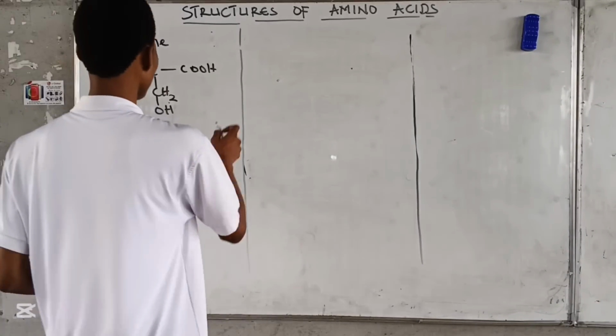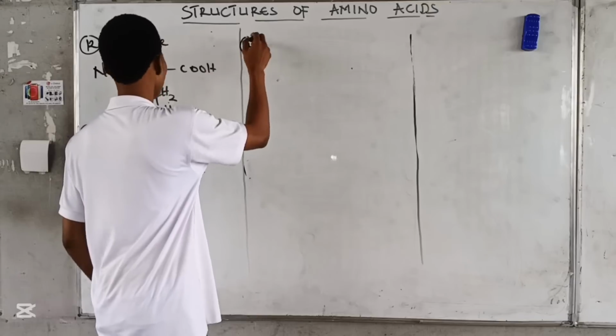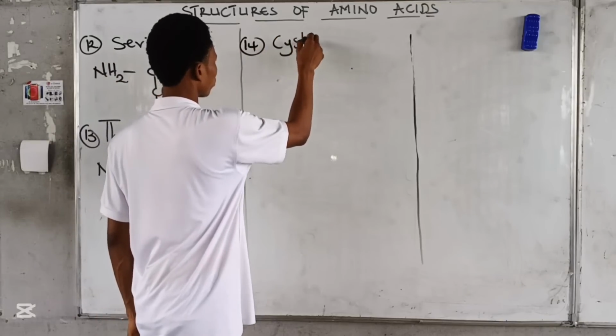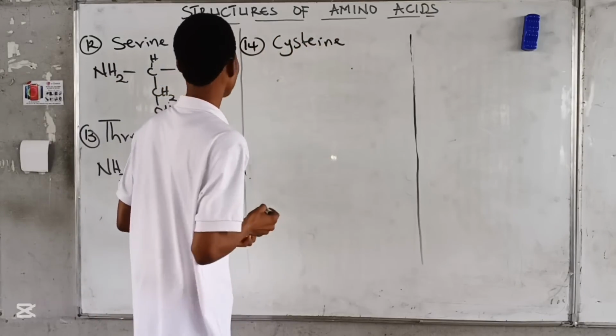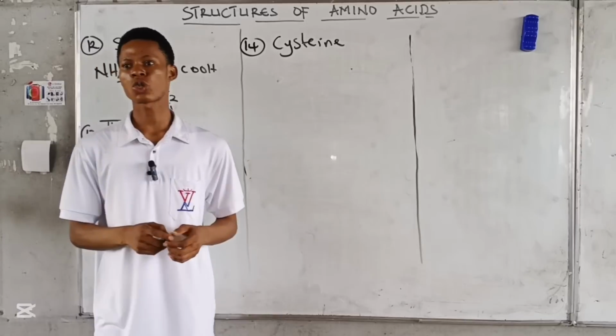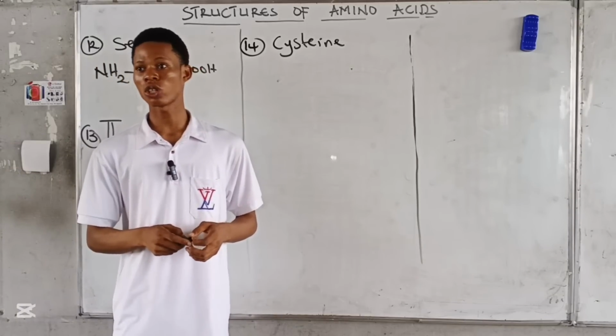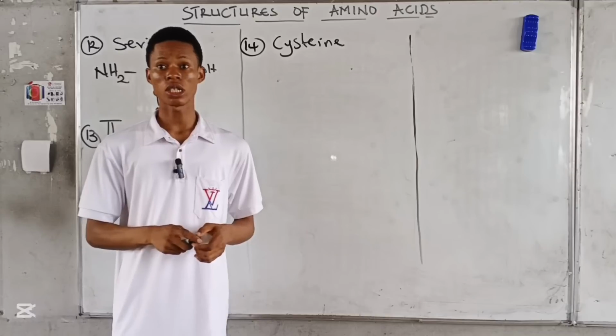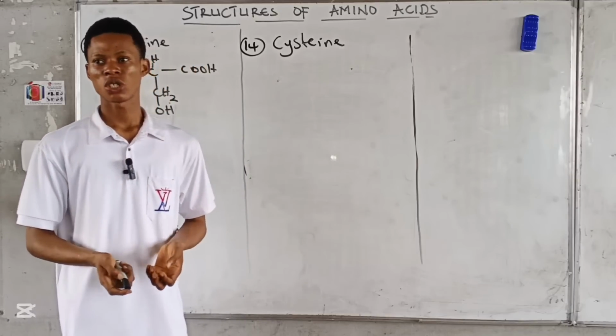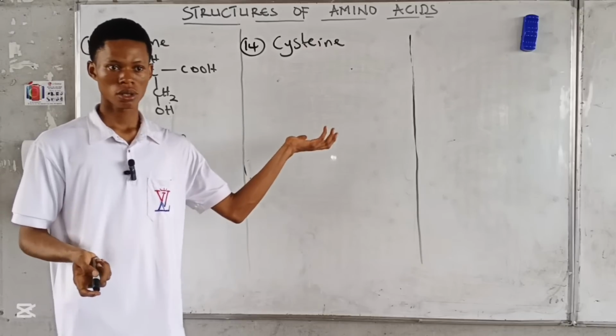All right, number 14. Let's draw 16. Now 16, classification based on structure, 16 is what? SH containing, right? SH containing. So if I add SH to alanine, what do I have?